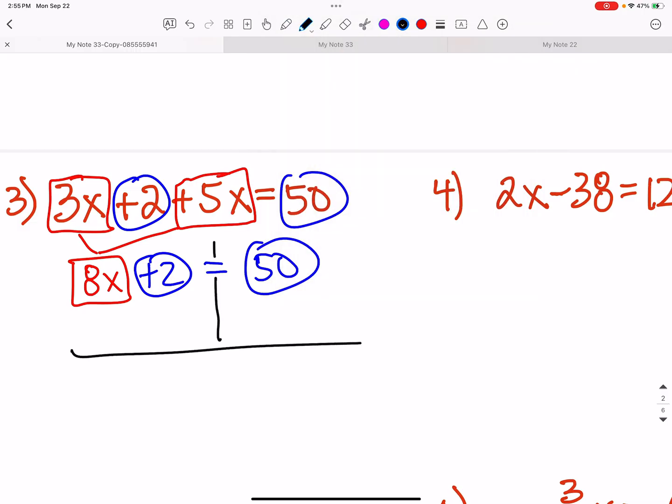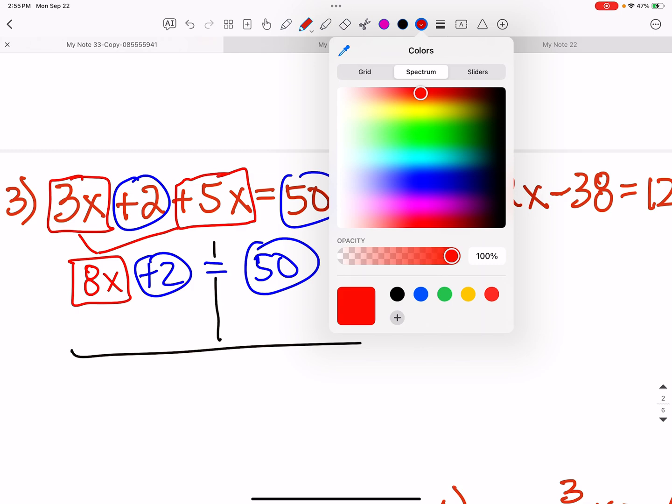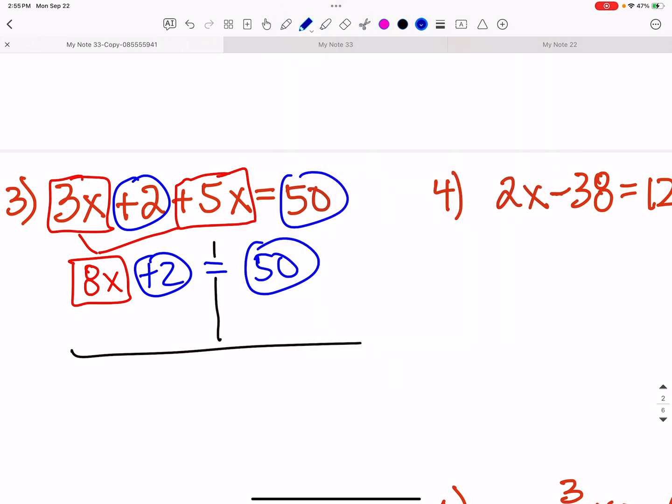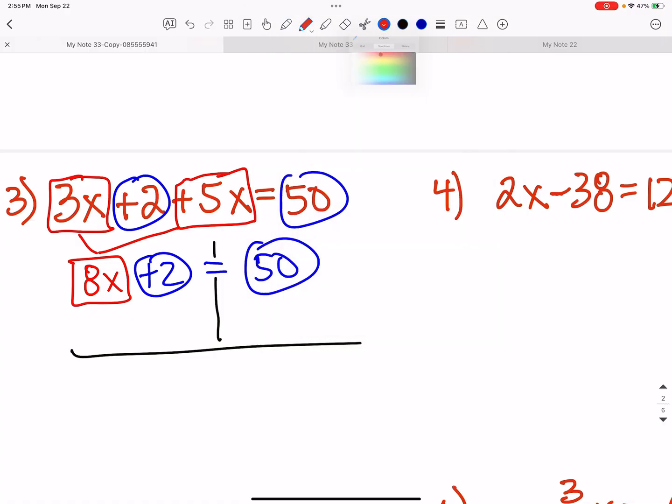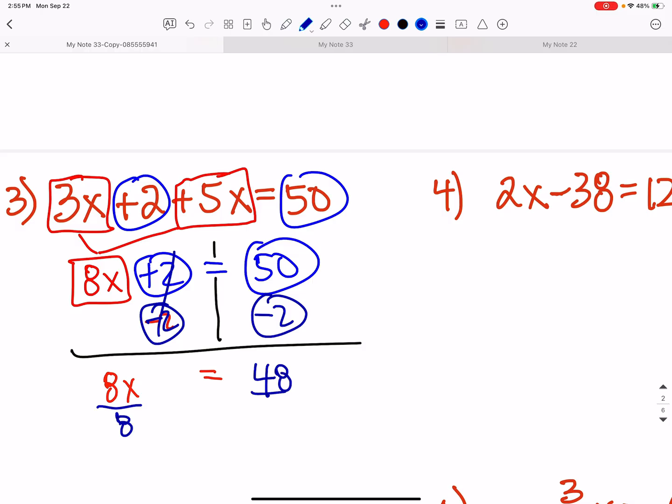So let's go -2. 8 x's equal 48. Divide by 8. X equals 6.